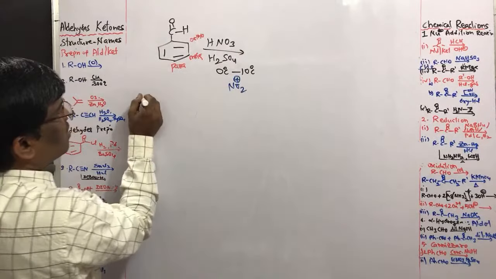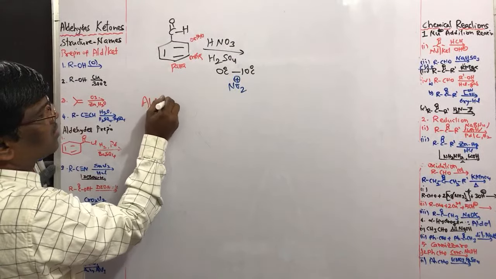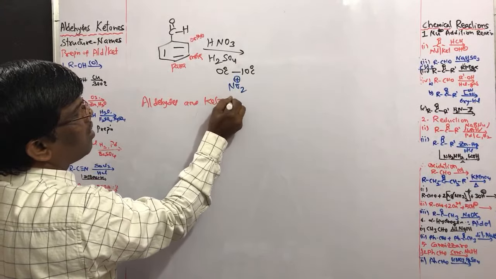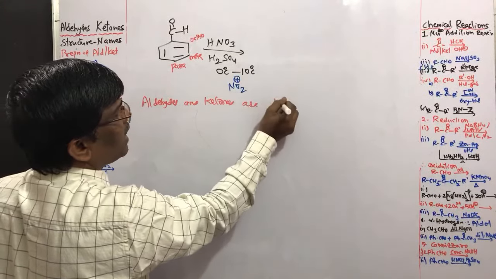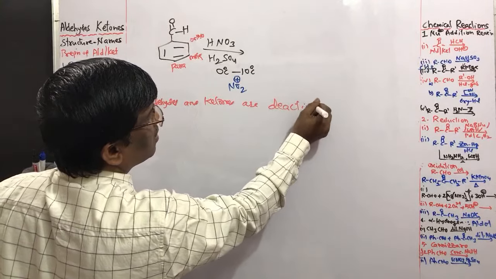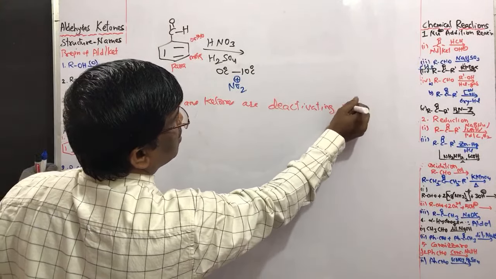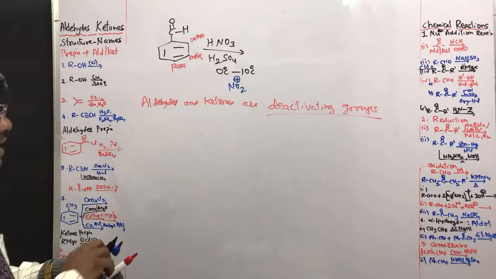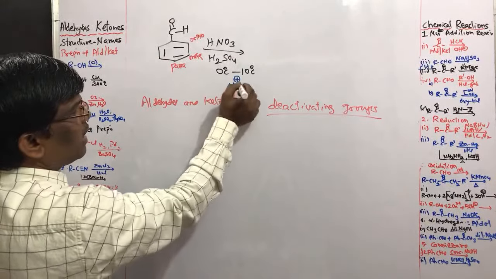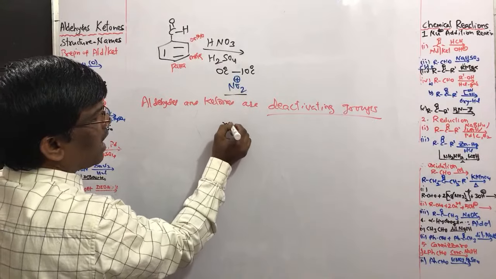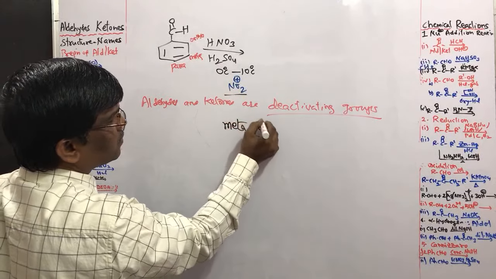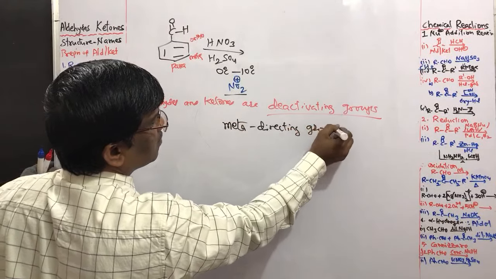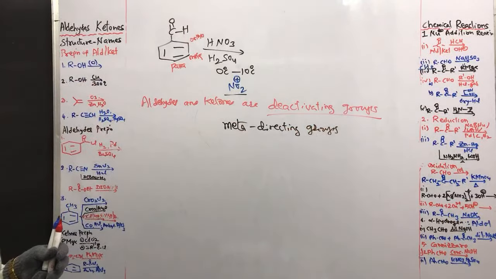Aldehydes and ketones, write down, students, are deactivating groups, and these orient the incoming electrophile towards the meta position; they are meta-directing groups. Why meta-directing and how?